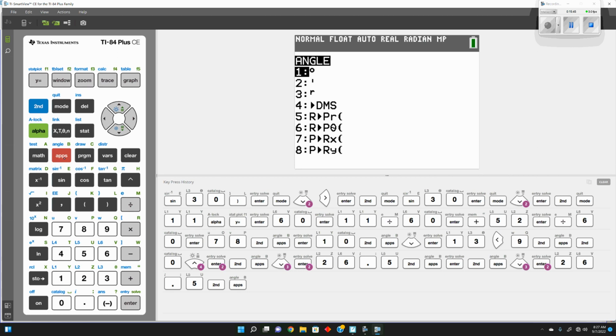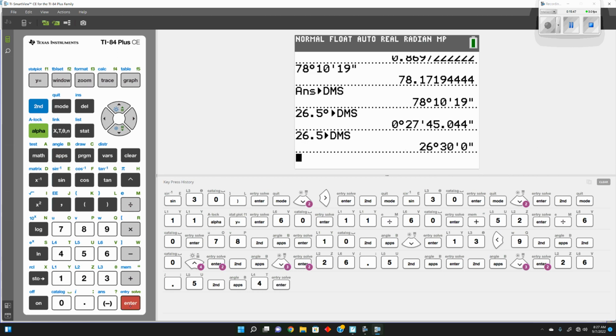Angle 4. Yep. We didn't need the degree symbol. I mean, this is one way we can do it. We can just plug it into the calculator if we didn't need the degree marker. Tell it degrees, minutes, seconds, and it'll write it out for us. And since the seconds is 0, we don't need to list it. So it'd be 26 degrees, 30 minutes. And that's it. Questions on this here?